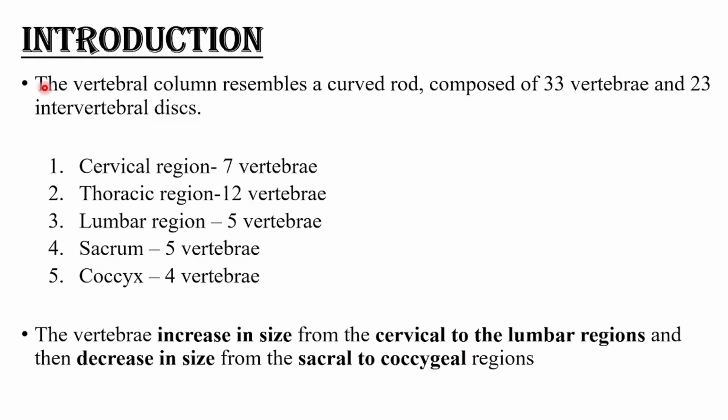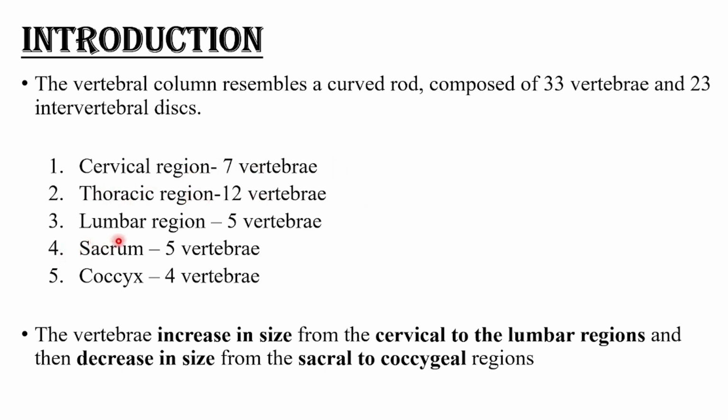Coming to the introduction of the vertebral column, it resembles a curved rod and is composed of 33 vertebrae and 23 intervertebral discs, divided into 5 different regions. The cervical region consists of 7 vertebrae. The second region is the thoracic region, which consists of 12 vertebrae.